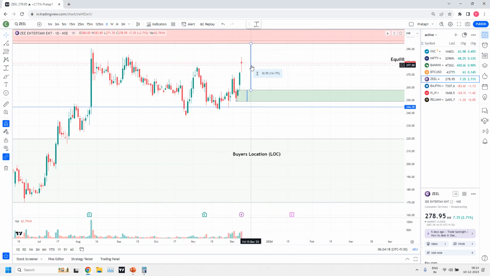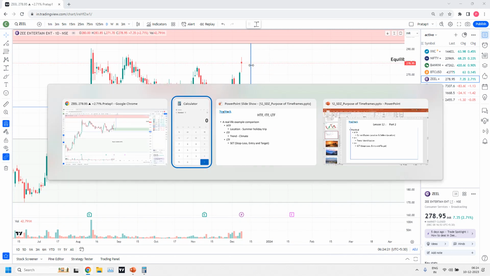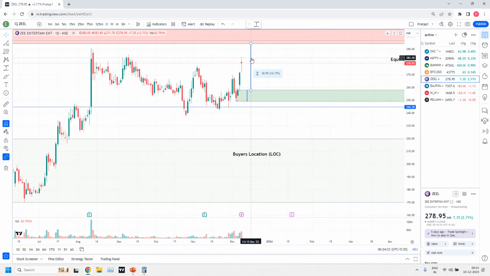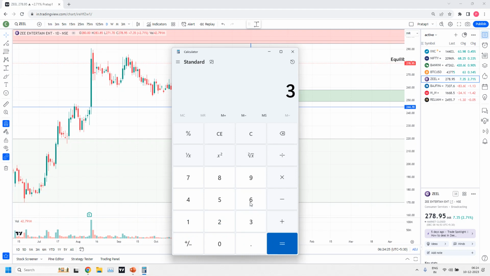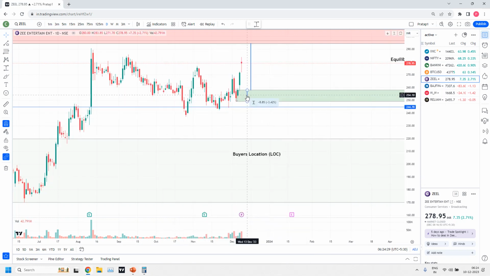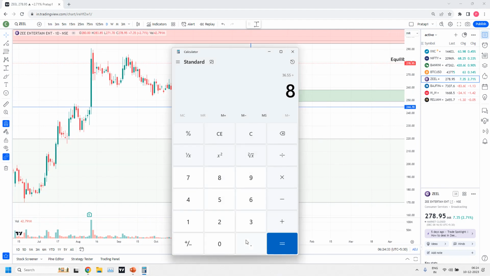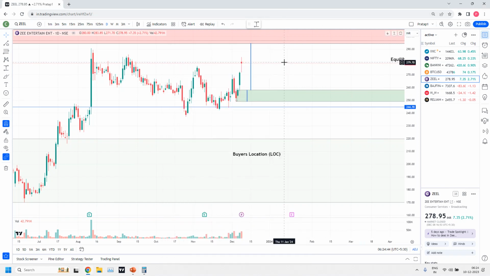What is the reward? 36 rupees 55 paisa. 36.55 divided by 8.85. You got 1:4.1. That means we can say approximately 1:4 reward we are getting.